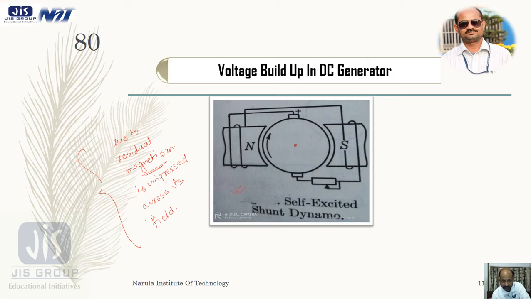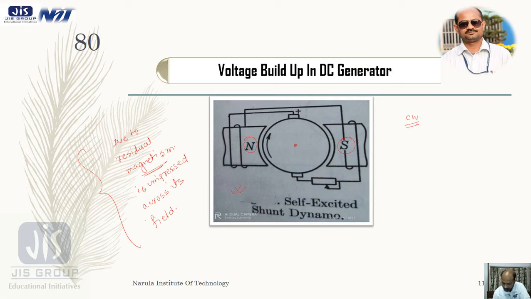this figure, a residual magnetism will be impressed in the field, and it is assumed that the left pole is north pole and the right one is the south pole due to residual magnetism, and it also assumes that the armature is rotating in clockwise direction.